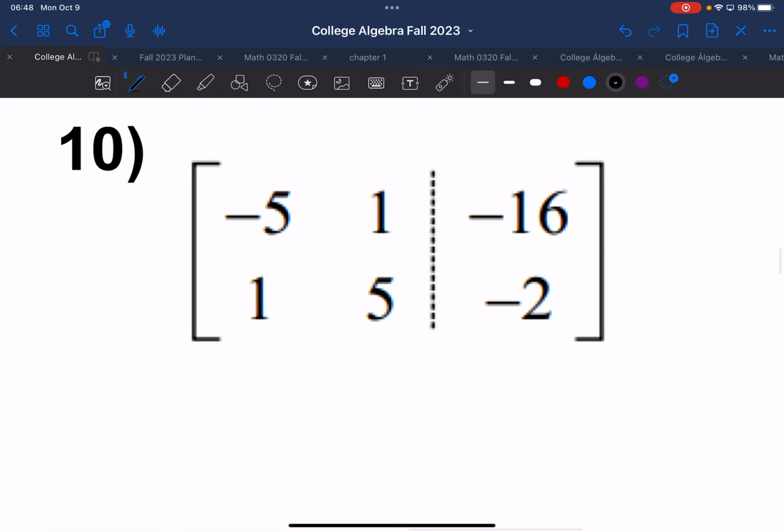Okay, go ahead and take a moment and try 10. Just remember this is x, y, and then whatever it's equal to.